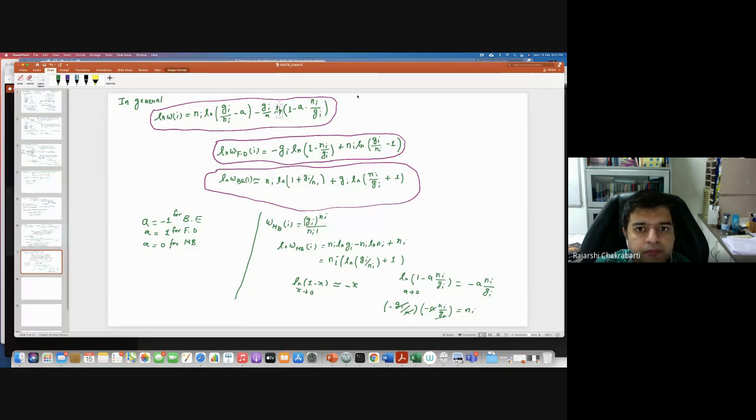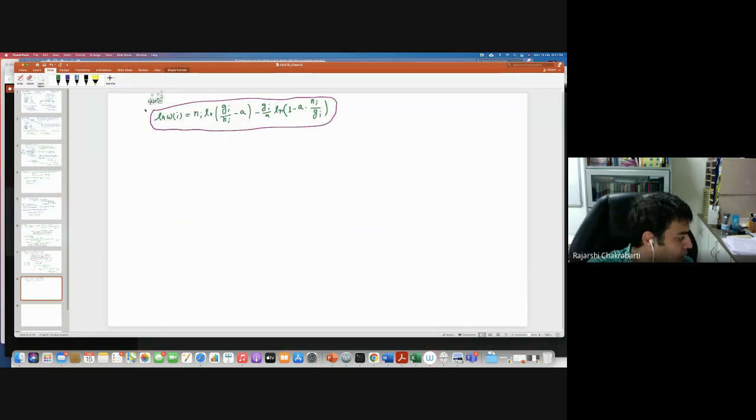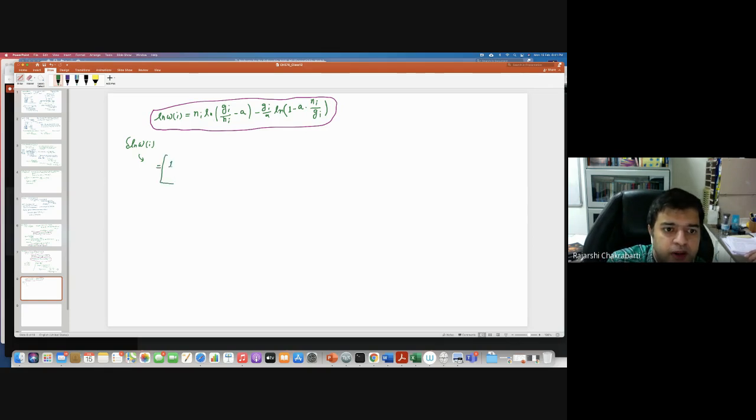So this is the expression, and the next thing is del ln omega i, which basically means I'm taking derivative with respect to ni. What is the first term? 1 into ln.